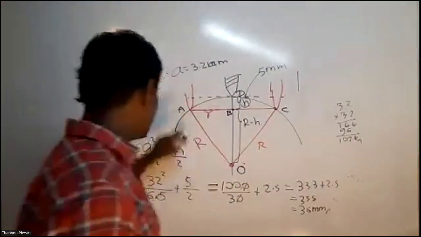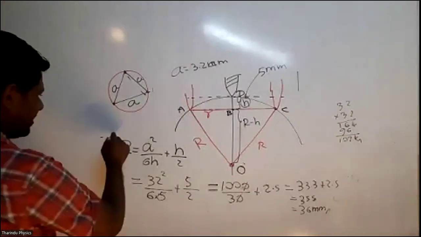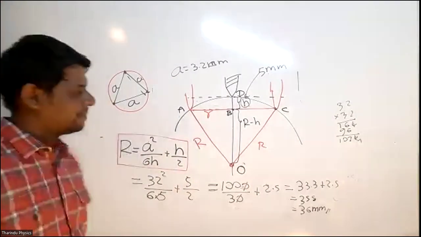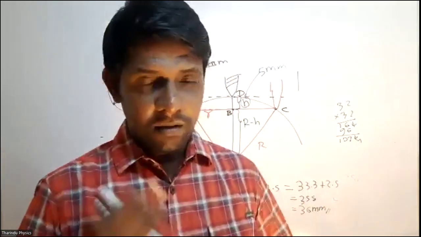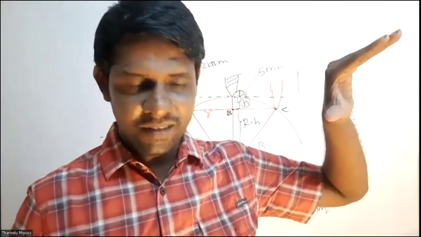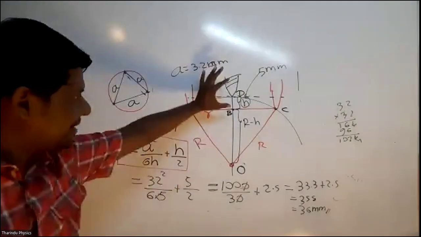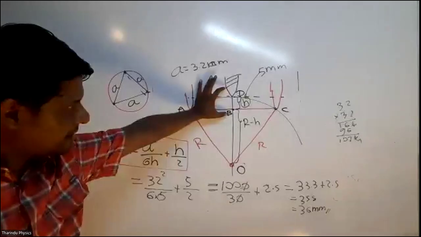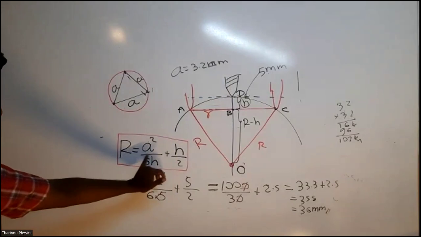This is the competence level expected in A level. Okay? A level. It is the only reading you take using the spherometer. See, every other thing is constant, no?